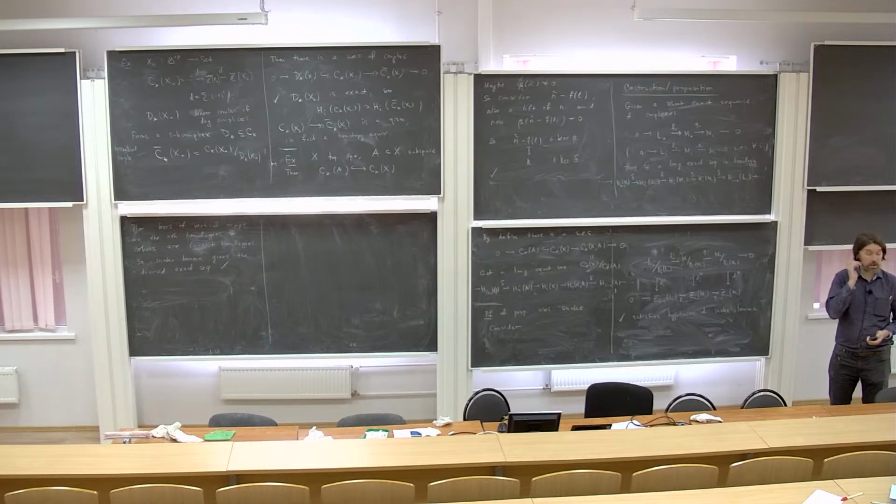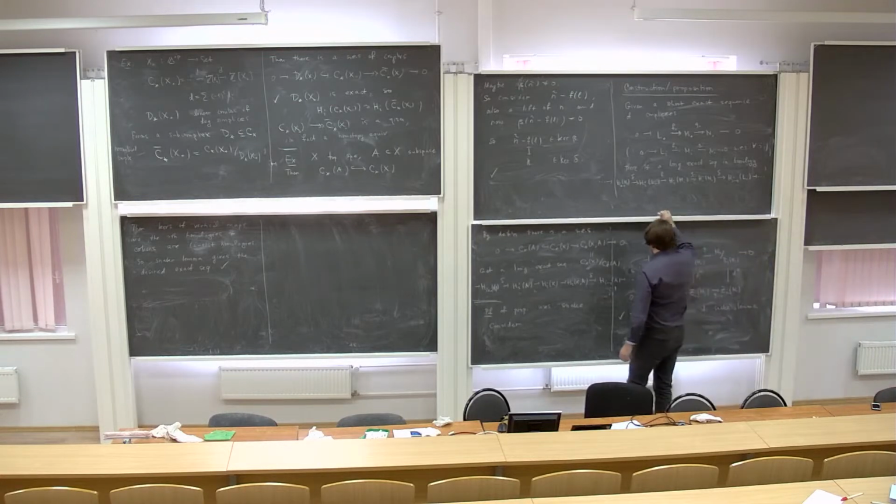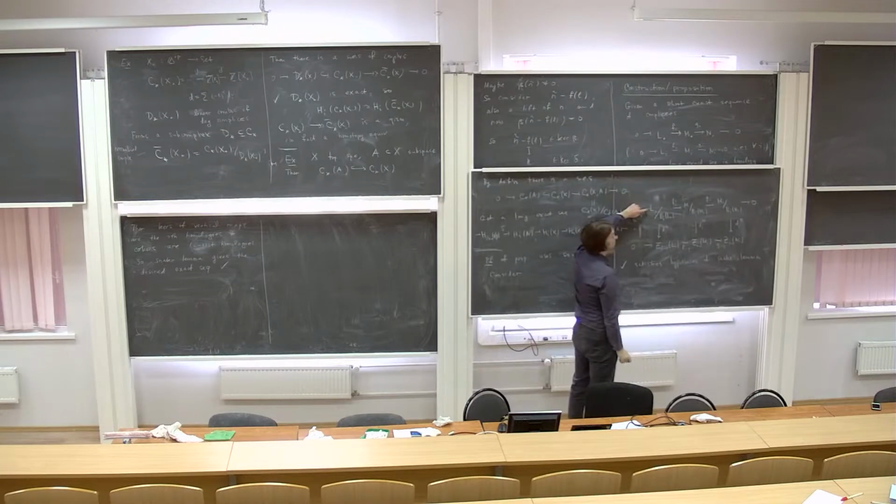Explain why the kernel is the homology group. Right. So suppose I had an element here. I can think of it as an element of L_i well-defined up to adding something that's a boundary. Apply this vertical map. Suppose it goes to 0. Well, it doesn't matter what I add on in the boundary.